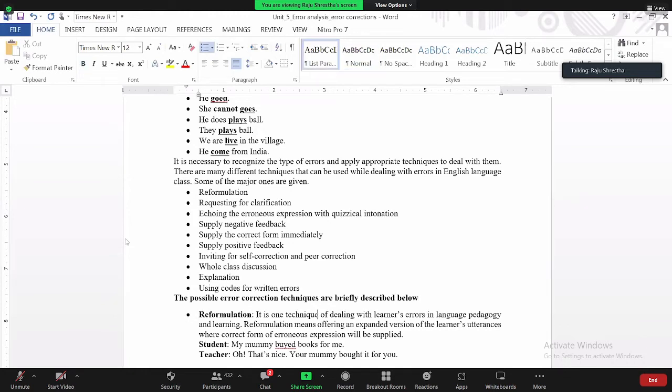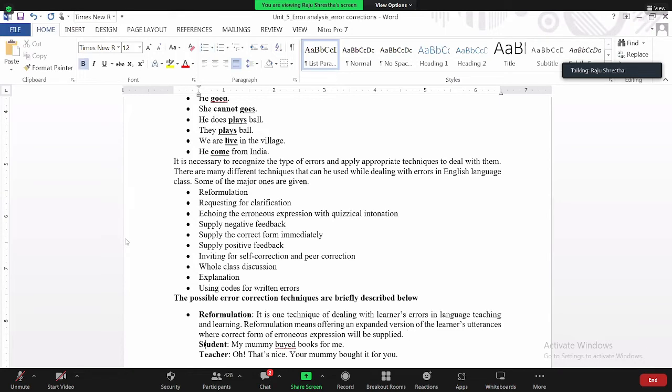Reformulation is one simple technique of dealing with learners' errors in language teaching and learning. Reformulation means offering an expanded version of the learner's utterance where the correct form of the erroneous expression will be supplied.